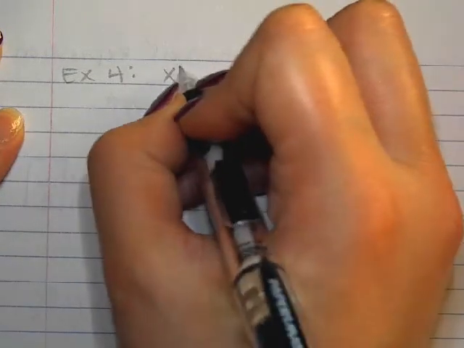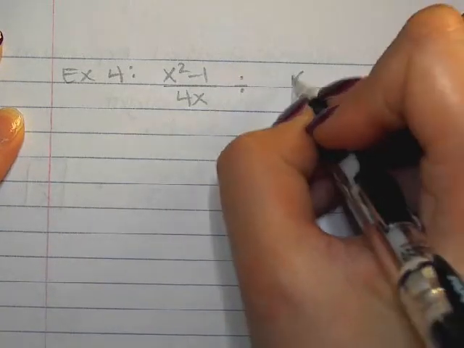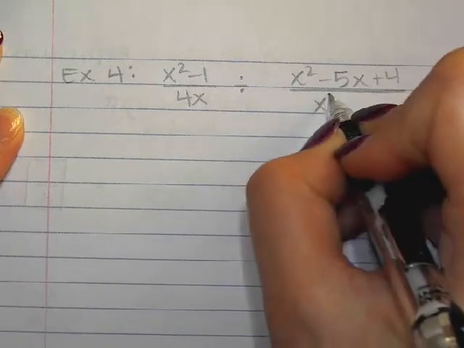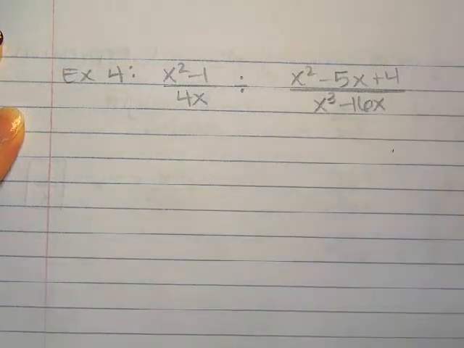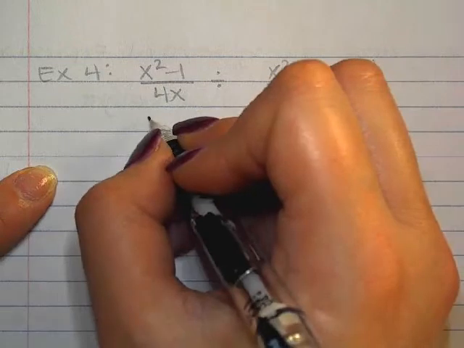Okay, so for example 4, I have x squared minus 1 over 4x divided by x squared minus 5x plus 4 over x cubed minus 16x. The very first thing I'm going to do in the problem is keep it, change it, flip it.